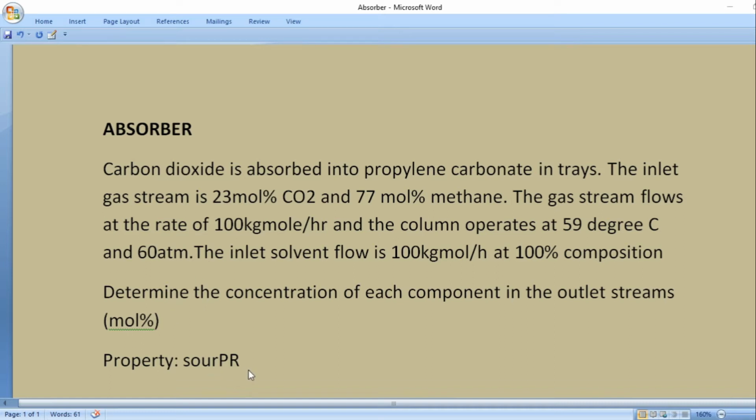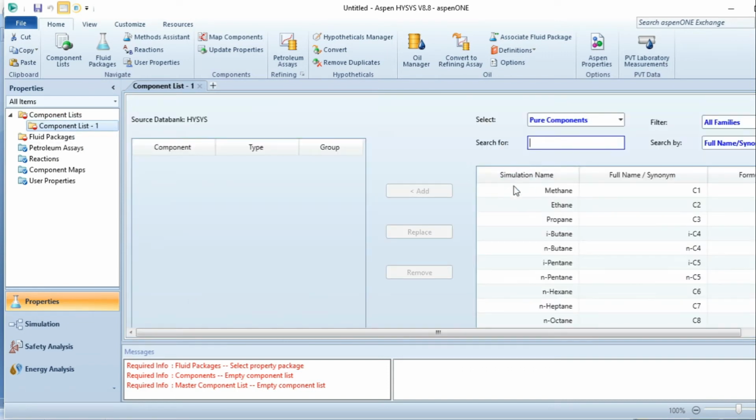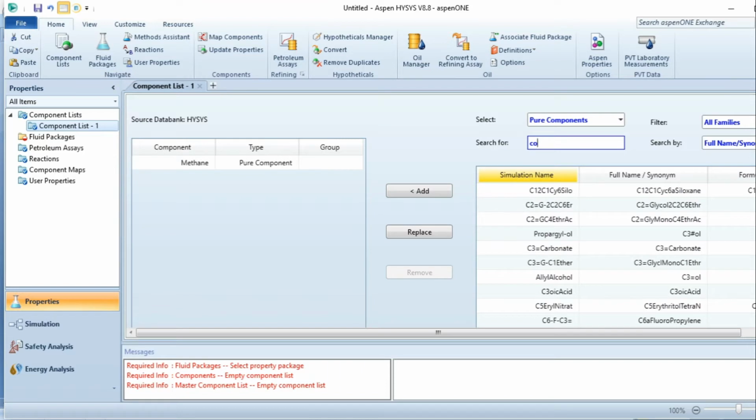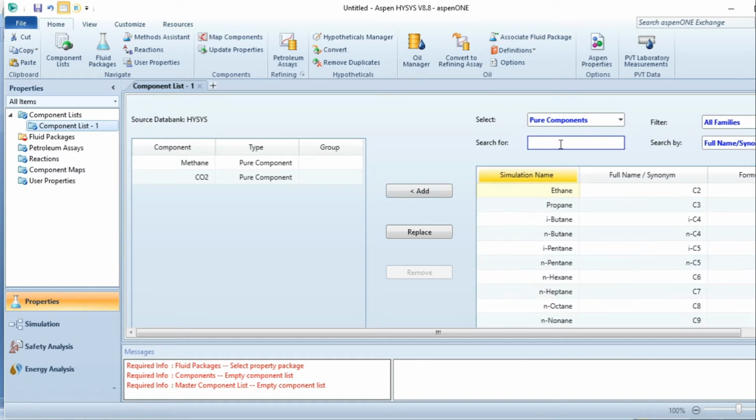So let's proceed to the simulation environment. We add our components. I have methane, I also have carbon dioxide, and I also have propylene carbonate.